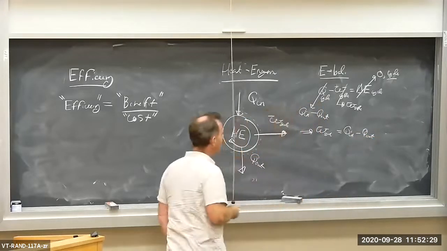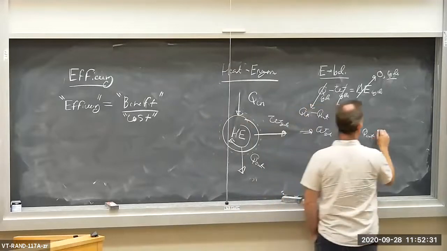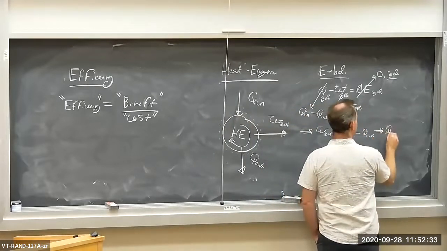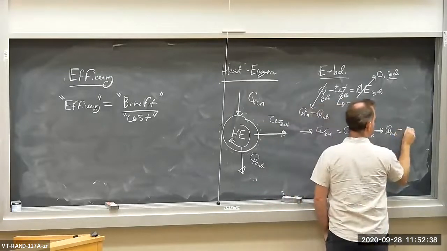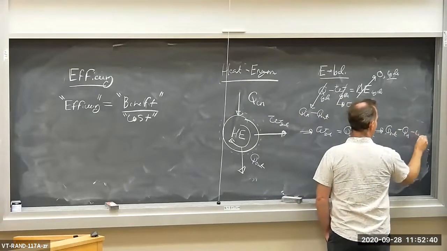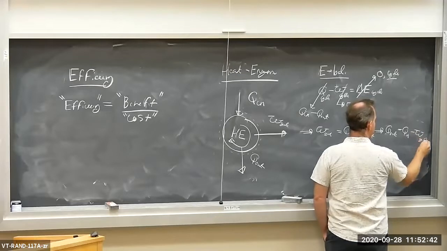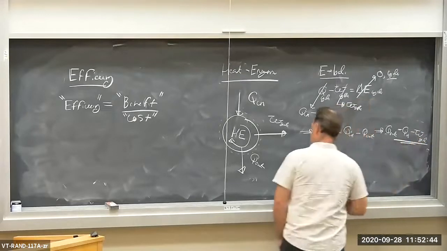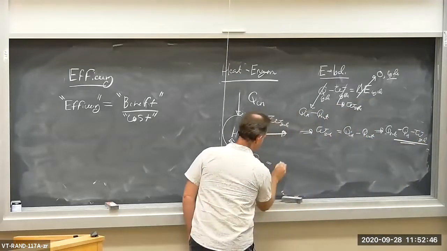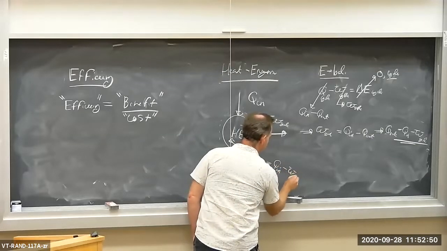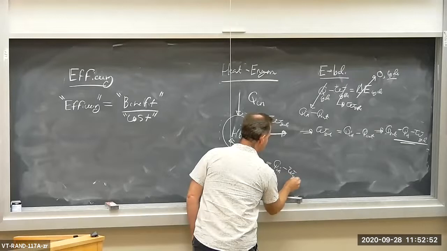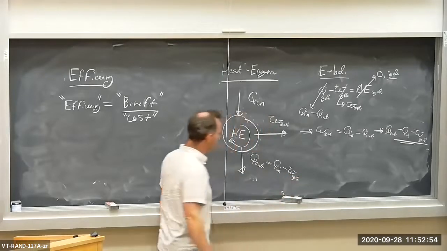Or if you like, let's solve for Q out. Q out is equal to Q in minus W cycle. So this heat output is Q in minus the work produced over the cycle by the cyclic device, okay?